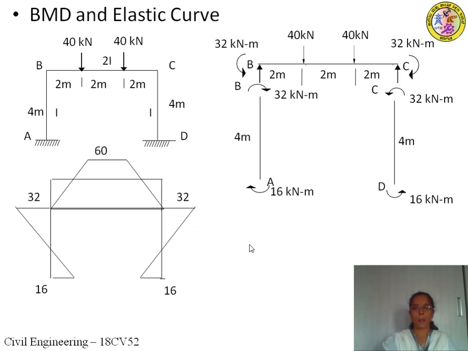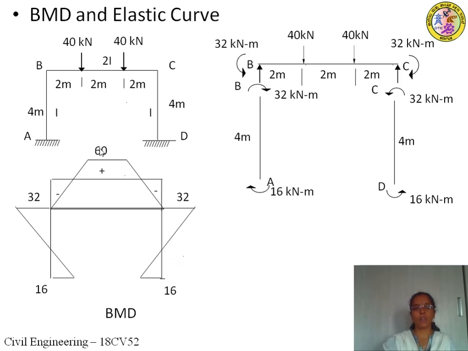These are the positive bending moments, and the support moments are the negative ones. The points where the support moment diagram and these points cross each other are called points of contraflexure. So this is the bending moment diagram.